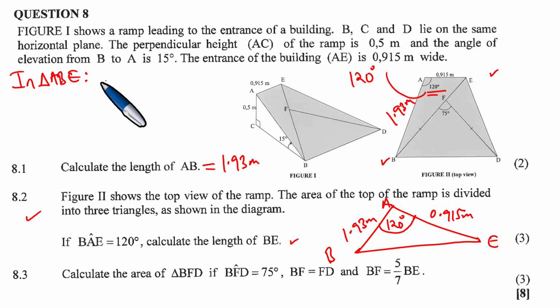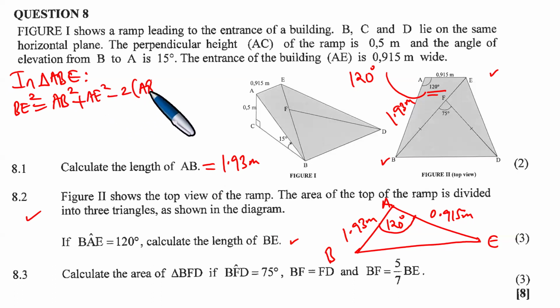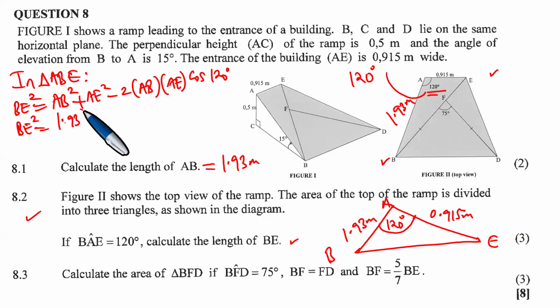So we then say BE squared is equal to AB squared plus AE squared minus 2 AB AE cosine 120 degrees. What is AB? 1.93 squared.